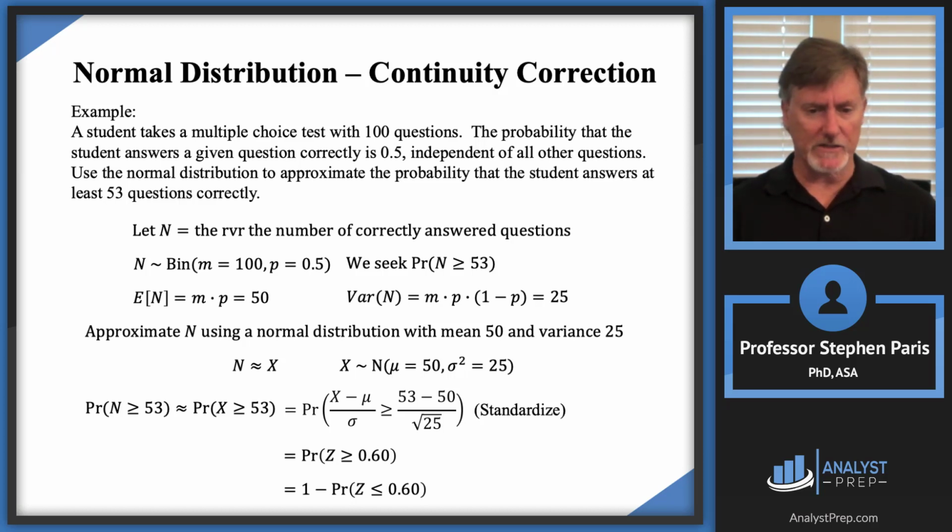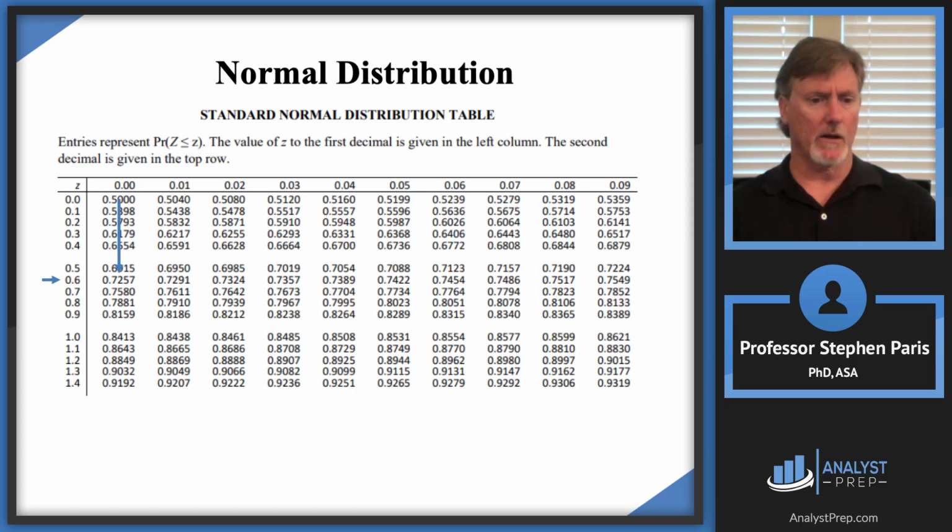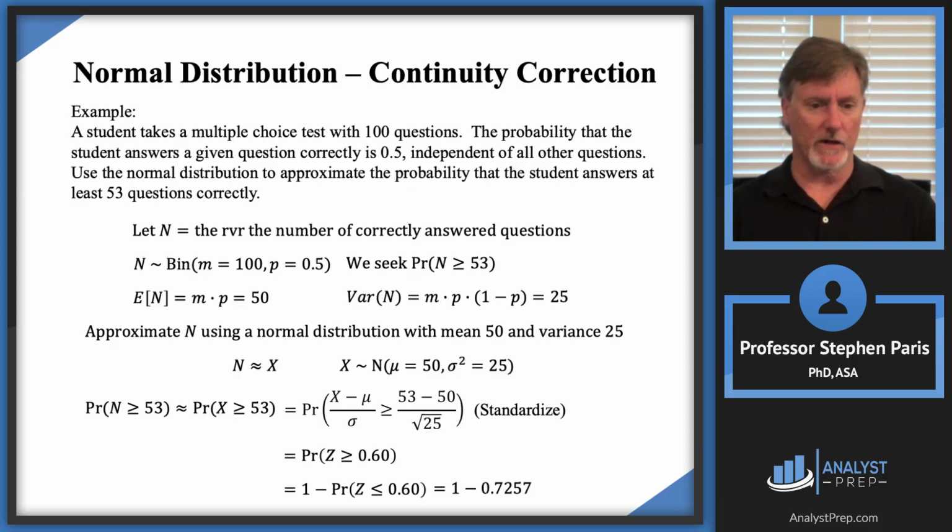I find 0.6 in my table and pluck out the corresponding number, 0.7257. So I get 1 minus 0.7257, which is 0.2743.